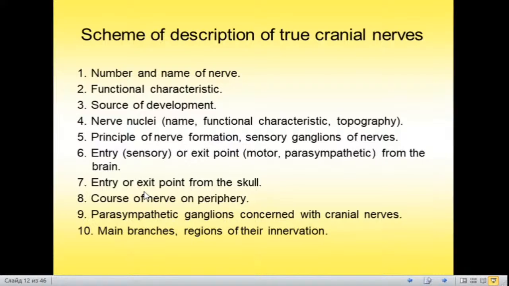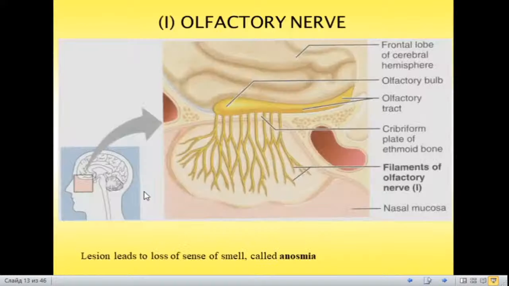And finally, after completing all cranial nerves, you should be able to explain innervation of organs and tissues, like sensory innervation, motor innervation, or parasympathetic innervation. And let's briefly go through all cranial nerves.